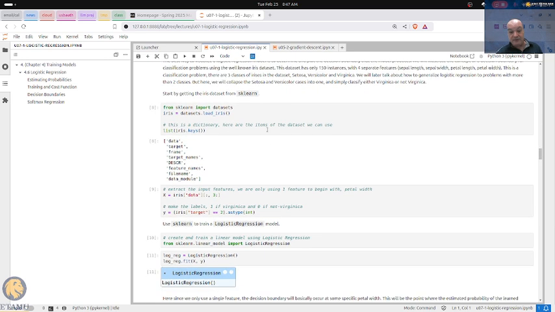The irises are flowers, so it has measures like the petal length and width and the sepal, I don't know what the sepal is actually, but the length and the width of another part of the flower. In this case, it's actually a multi-class classification problem. There's 3 different types of irises, Virginica, and others, but we're going to turn it into a binary classification here.